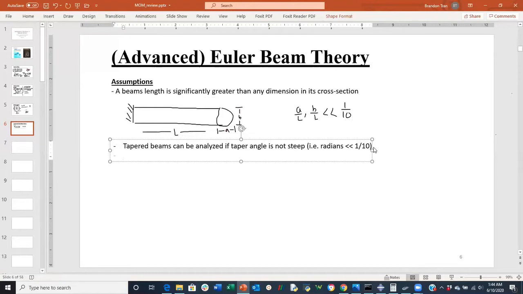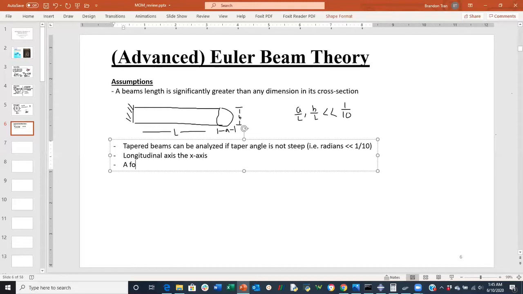Next, this assumption is for notation's sake, to keep beam analysis consistent in literature. We always make the longitudinal direction the x-axis, keeping things consistent with others who analyze beams.